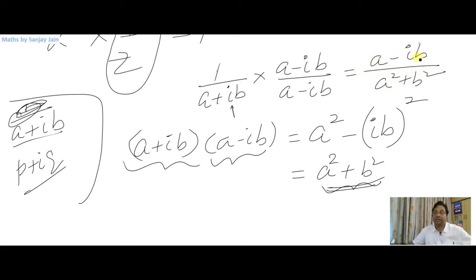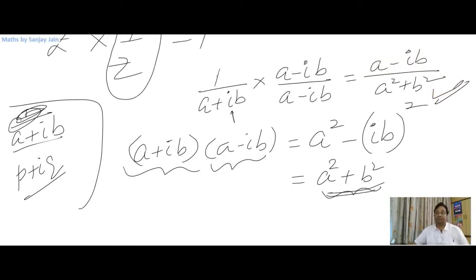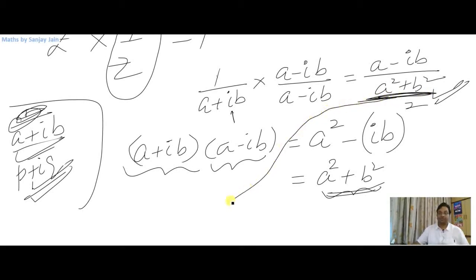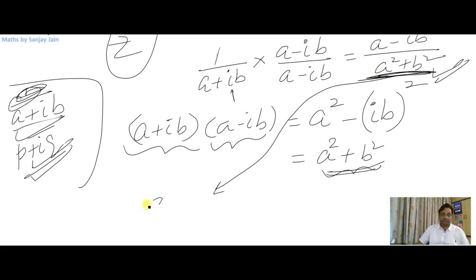A minus iota b. So this is the multiplicative inverse, and if you want to write it in p plus iota q or a plus iota b form, as we say, this complex number can be written as a by a square plus b square, the real part separately, and then iota b upon a square plus b square separately.